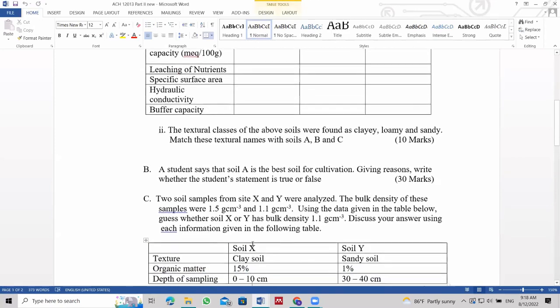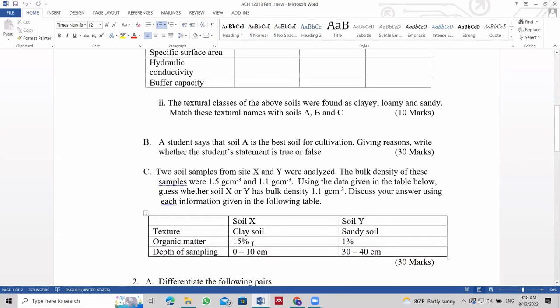Two soil samples from site X and Y were analyzed, and the bulk densities of these samples were 1.5 and 1.1 gram per centimeter cube. Using the data given in the table below, guess whether soil X or Y has bulk density 1.1.